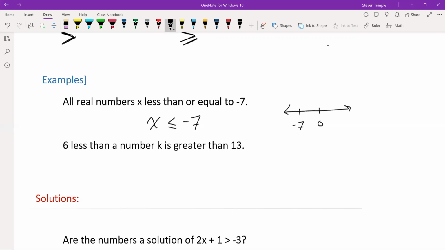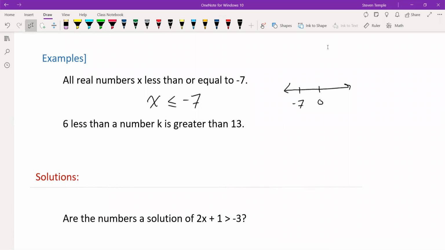The next one: 6 less than a number k is greater than 13. You have to be careful. I see the words "less than," and we just talked about less than, but there's a less than and then there's a greater than. This is actually going to be written as k - 6 > 13, the old switcheroo.